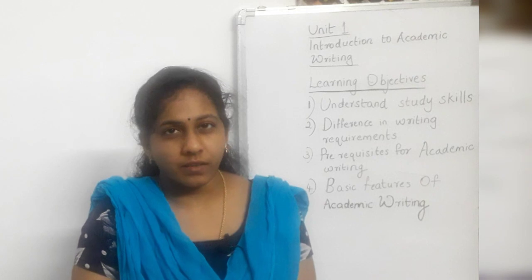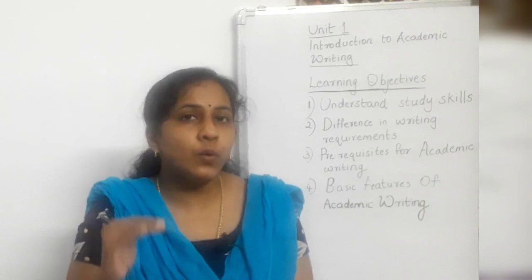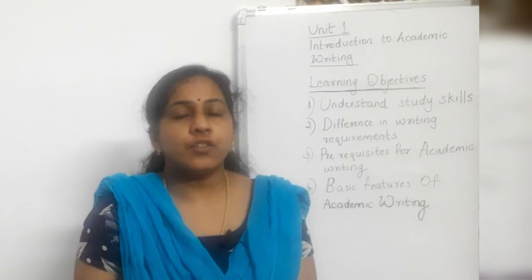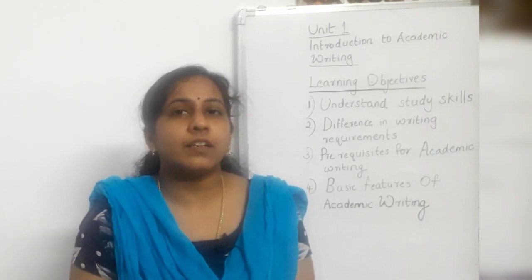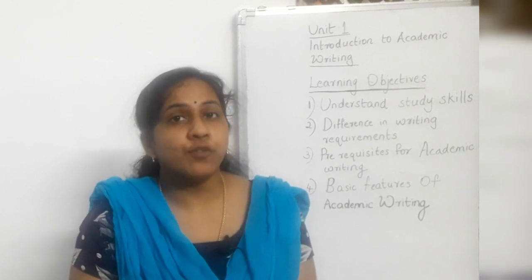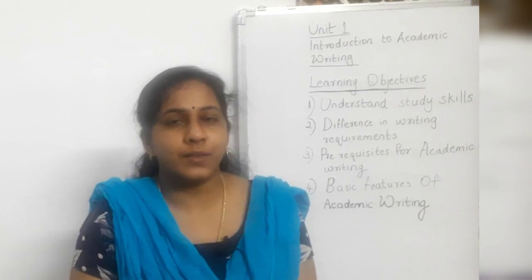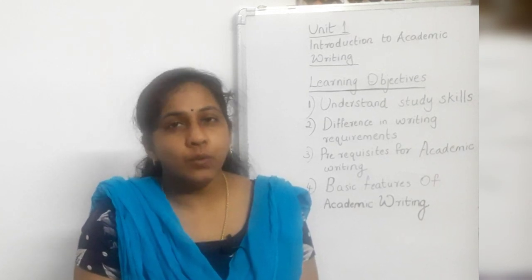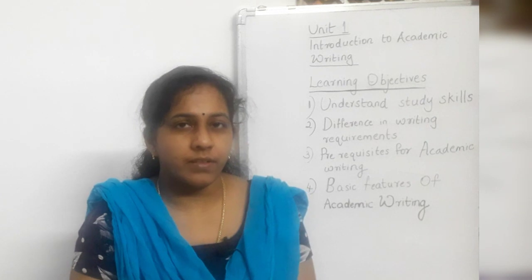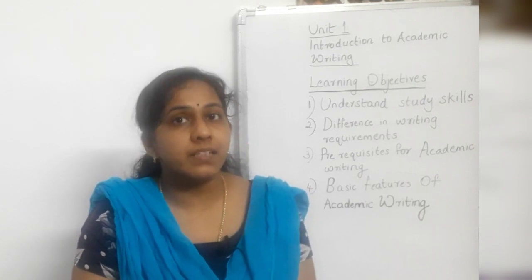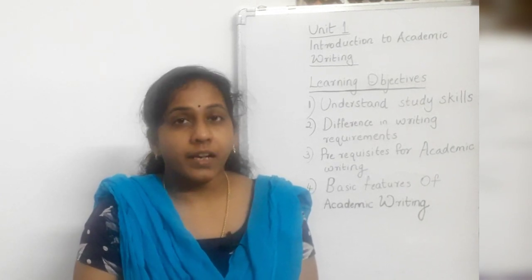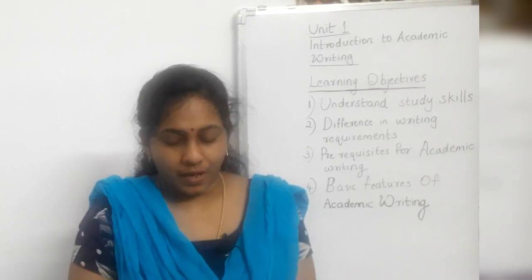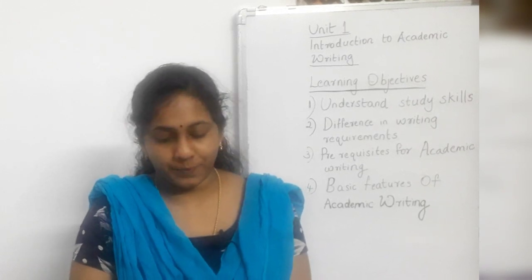When you step up from school to college, you're a step higher, so you should understand the writing requirements are much more than what you had in school. You should understand the difference in writing requirements. What is required from you? What is being expected out of you as a college student?